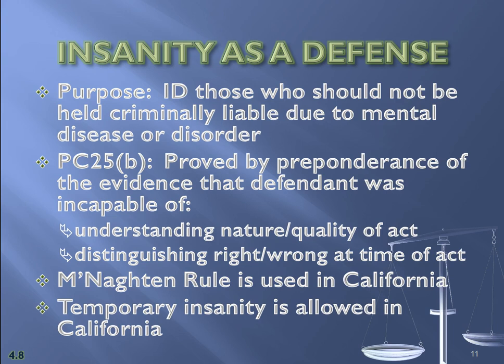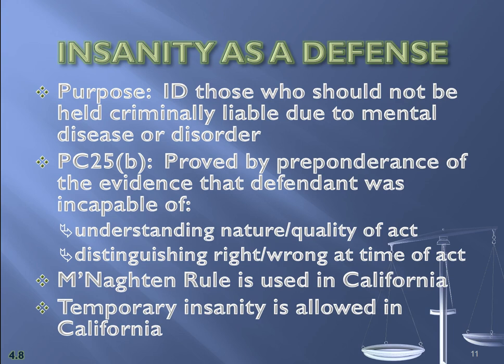Under Proposition 8, the test for legal insanity is now whether a criminal defendant proves by the preponderance, greater weight or majority of the evidence, that he or she was incapable of, one, knowing or understanding the nature or quality of the act, and two, distinguishing right from wrong at the time of the commission of the offense.